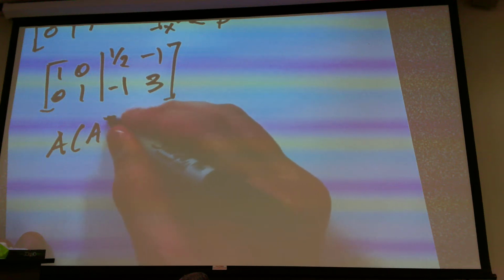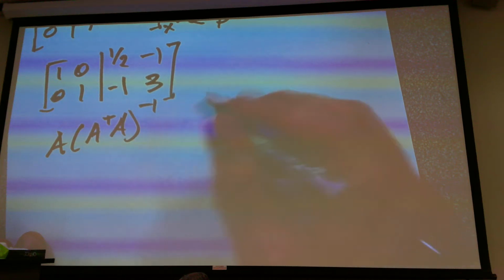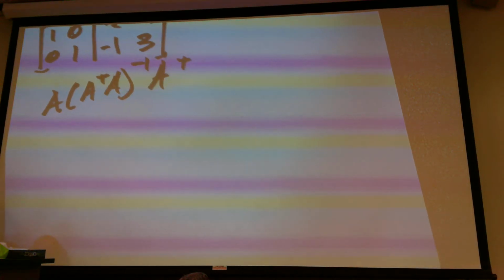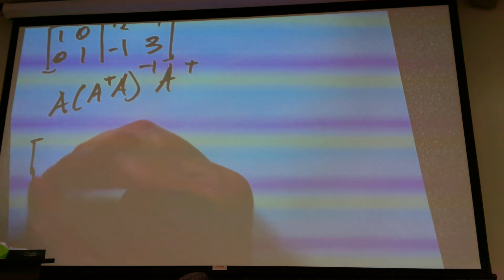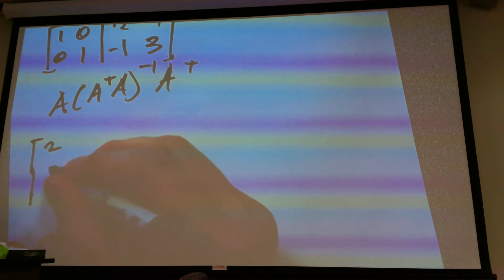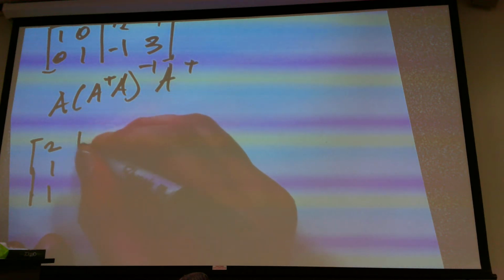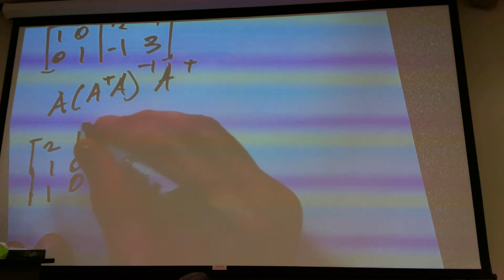Okay, so now we're going to look at A transpose, A inverse, A transpose. So what are we going to have? It's going to be 2, 1, 1, 1, 0, 0.